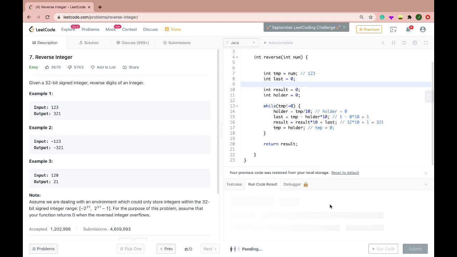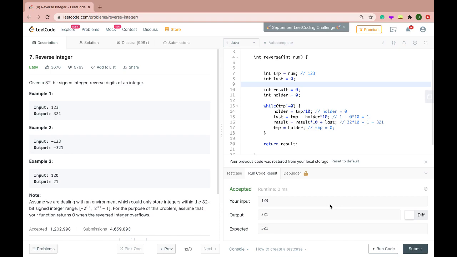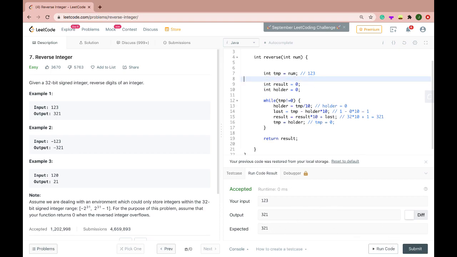If we run the code, as you can see here, the result is the same. But if we have one less variable, then that would decrease the storage.